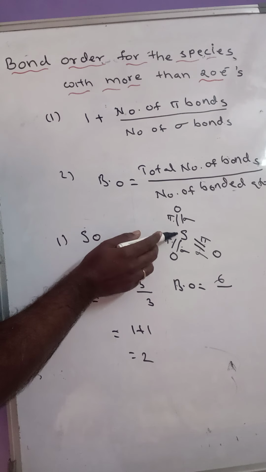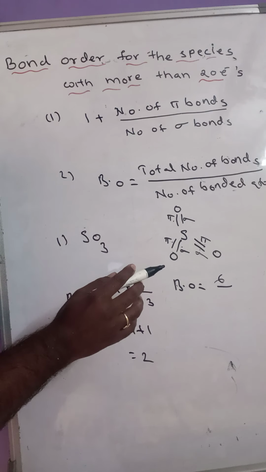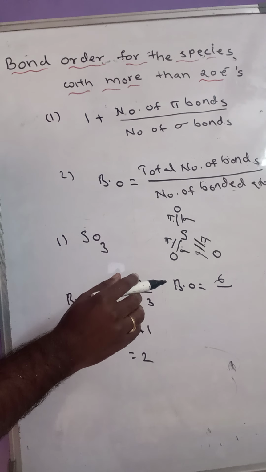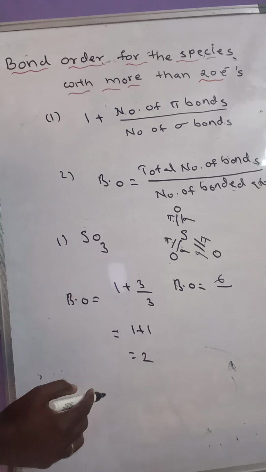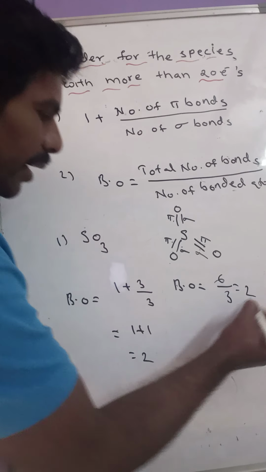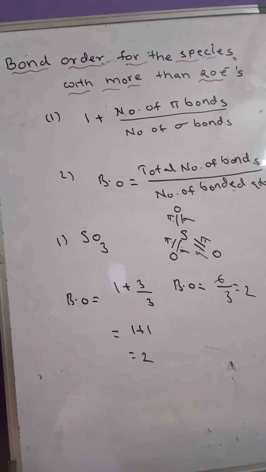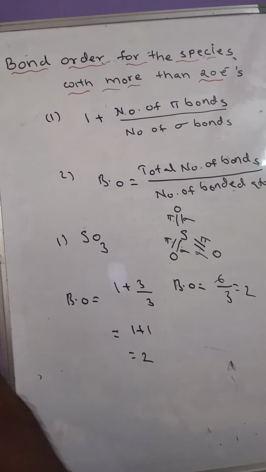Sulfur is the central atom, so don't count it. Except sulfur, 1, 2, 3 bonded atoms are present. So 6 by 3 again gives 2. Like this, we calculate bond order for any species having more than 20 electrons.